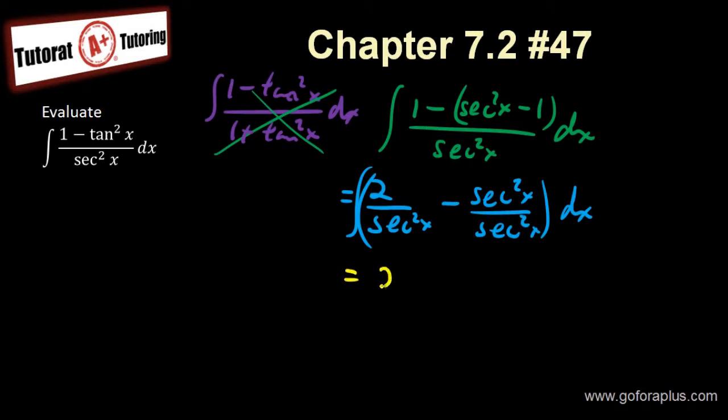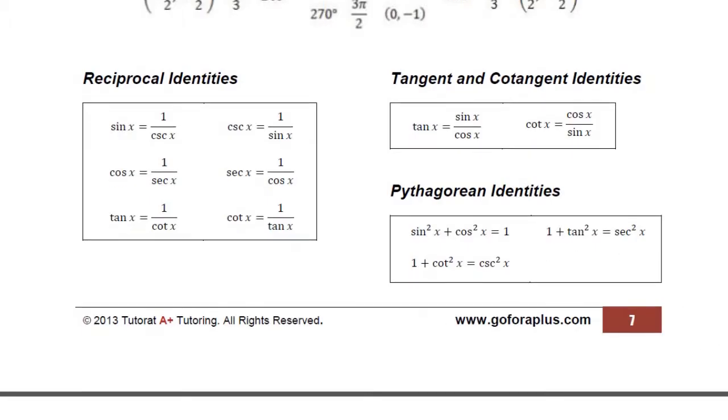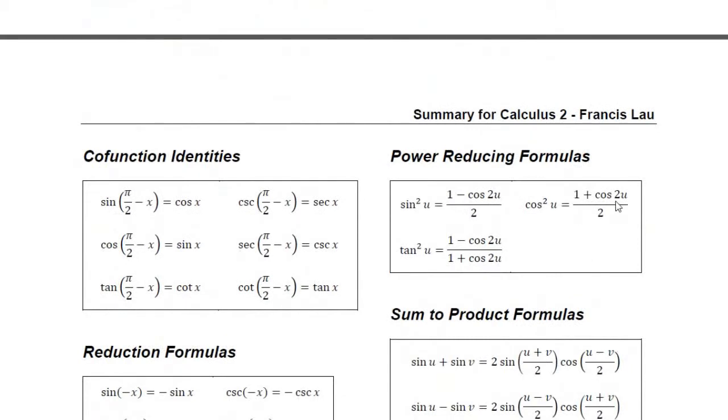So this is basically 2 times the integral of cosine square x dx minus the integral of 1 dx, right? 1 over secant square x is cos square x. And what is cos square x? Cos square x is basically (1 plus cos 2x) over 2.